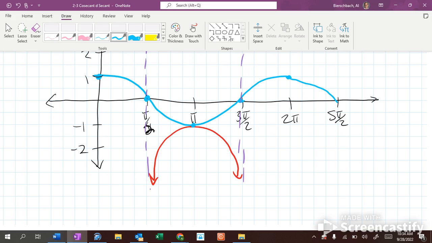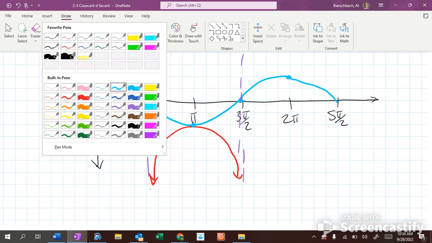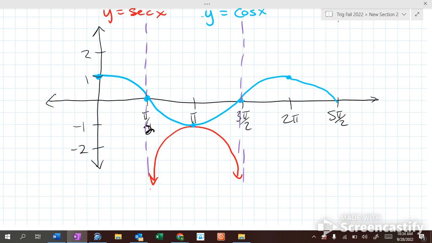Because it keeps going, at 5 pi over 2, we're going to be at 0. And then I'll put another asymptote there. And then I'm going to graph my secant curve there. And that's what it should look like.